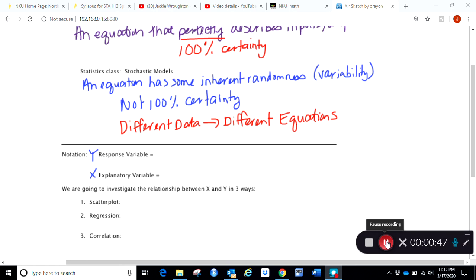The response variable is going to be our outcome of interest, the one that we really want to predict. And the explanatory variable, or our x, is going to be thought to partially explain this response variable.